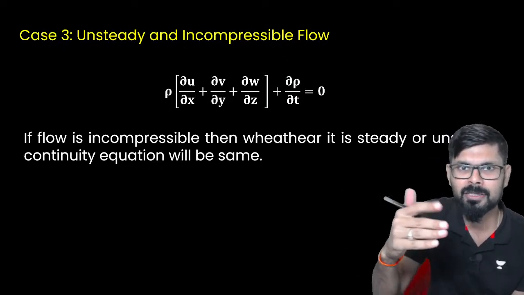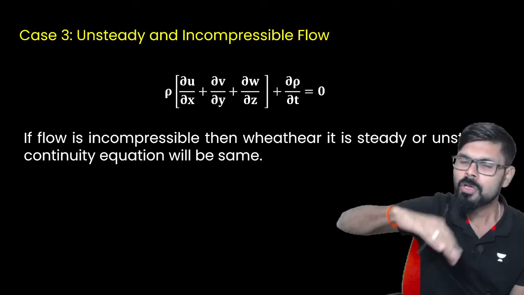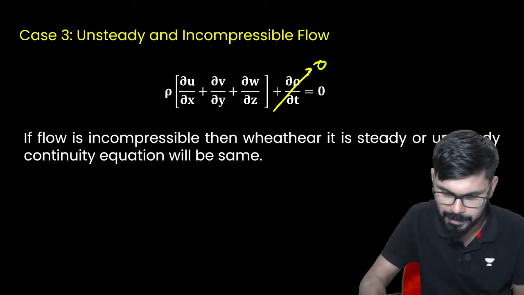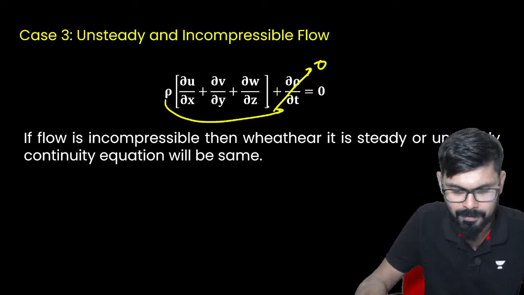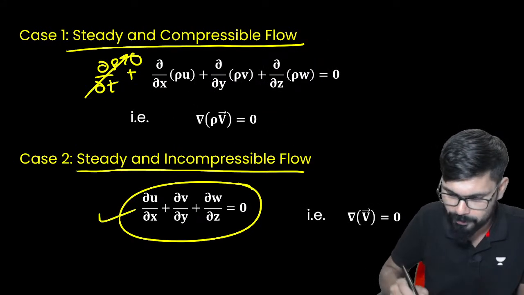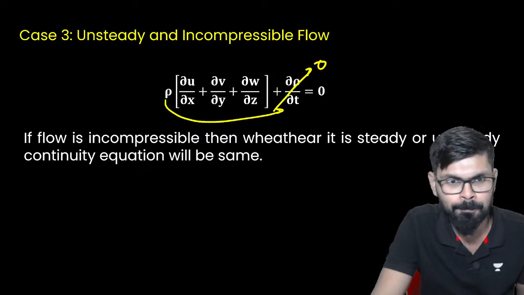So either you measure at t equal to 0 or t equal to 1 or t equal to 2, that value is not changing. So this term will also be 0, right? And rho will go to the other side, which will also be 0. So this equation is going to be valid for both. Clear? Okay. So this is all about today's class.